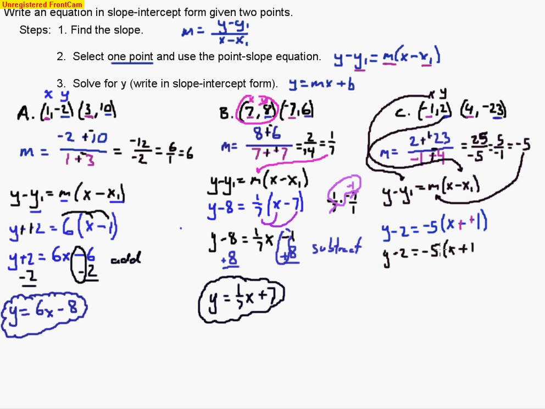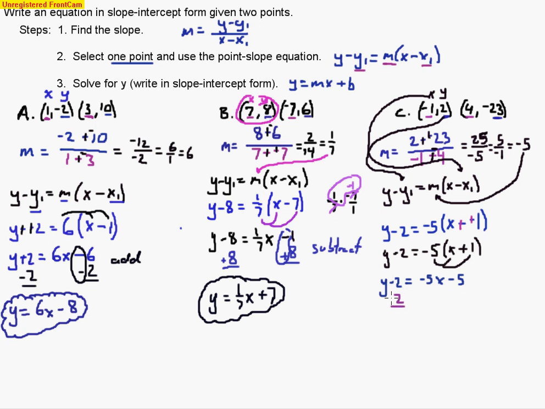Well, from this point, all I'm going to do is use that distributive property, multiply -5 over that sum. So when I do that, I end up still with this y minus 2, and now it equals -5x minus 5. So we just have one final step here, and our final step is to isolate the y term. So we're going to do another opposite operation.